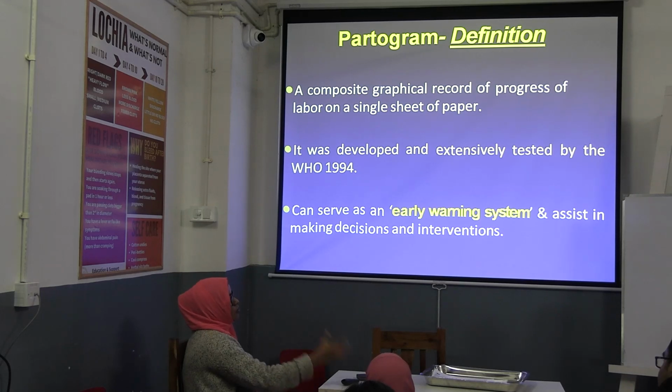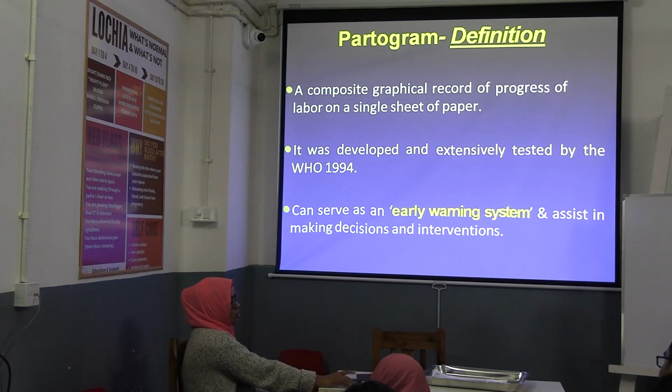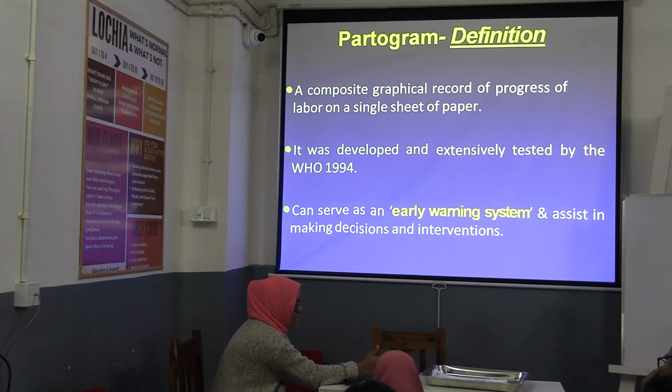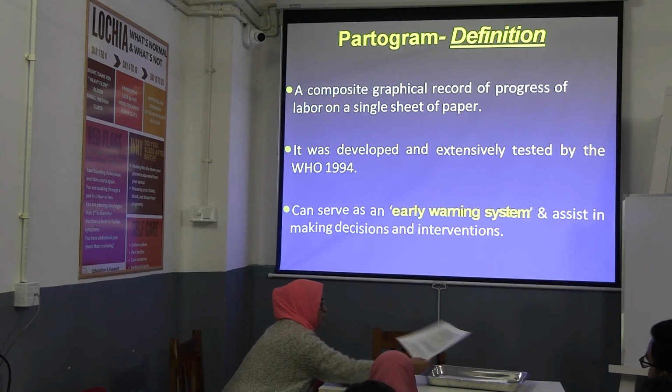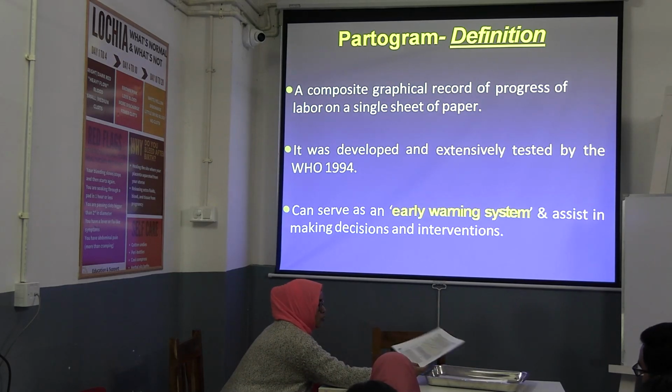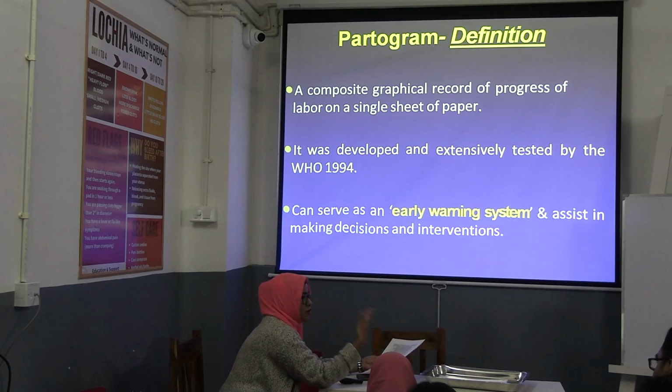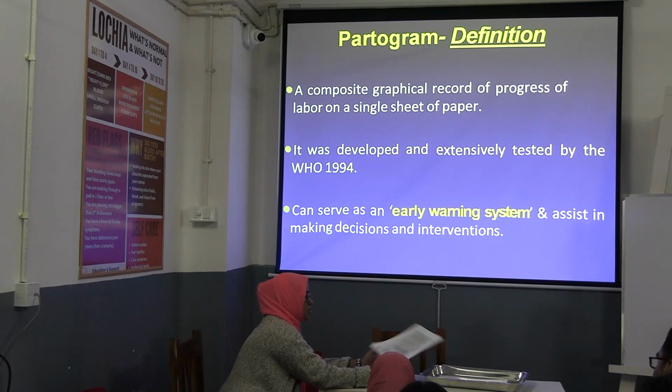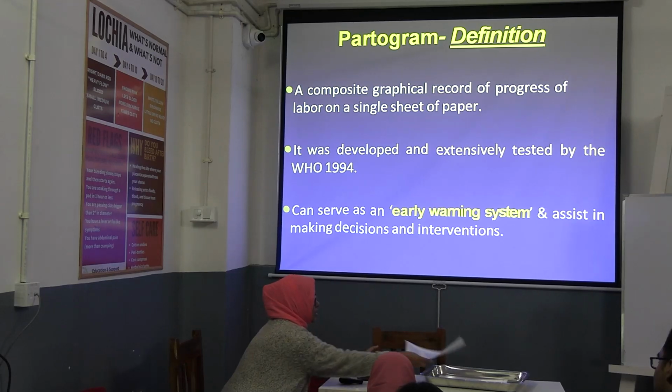Earlier, the load of normal delivery, the load of patients was very high, so we wanted something graphical, so that at just one look I see that and I can assess she's progressing normally or abnormally. You don't have to go through many pages of the patient file record. Just one paper, just one look, and you can know it is going normally or abnormally. That's why it was invented.